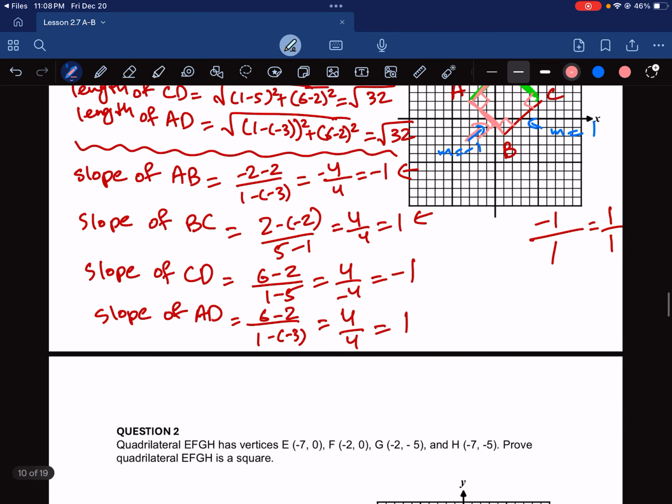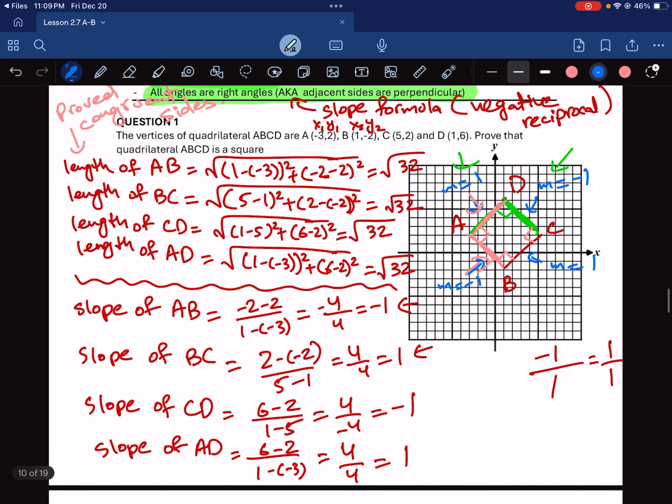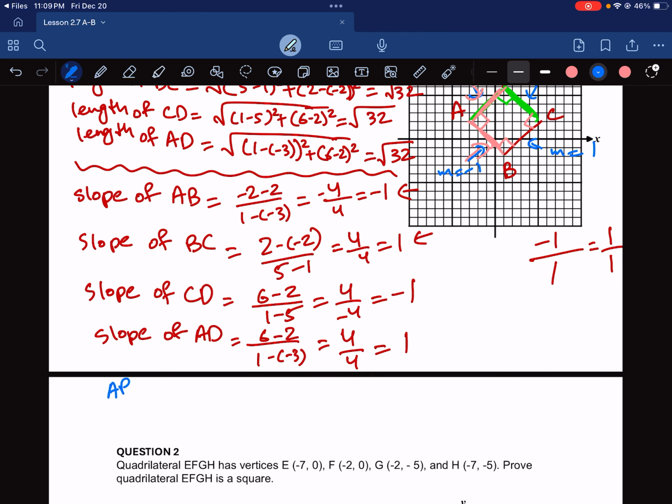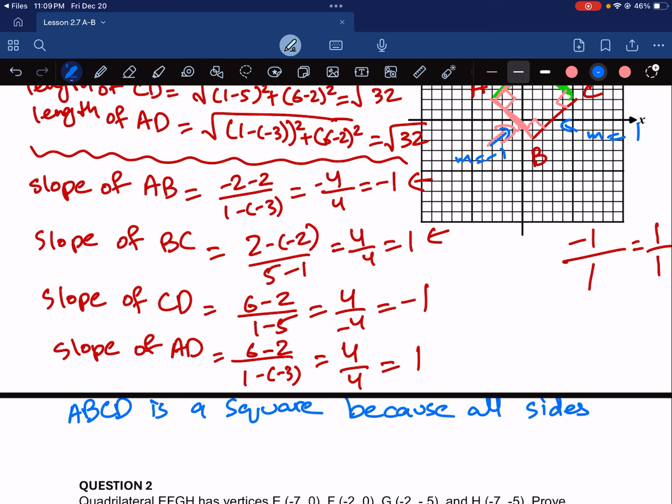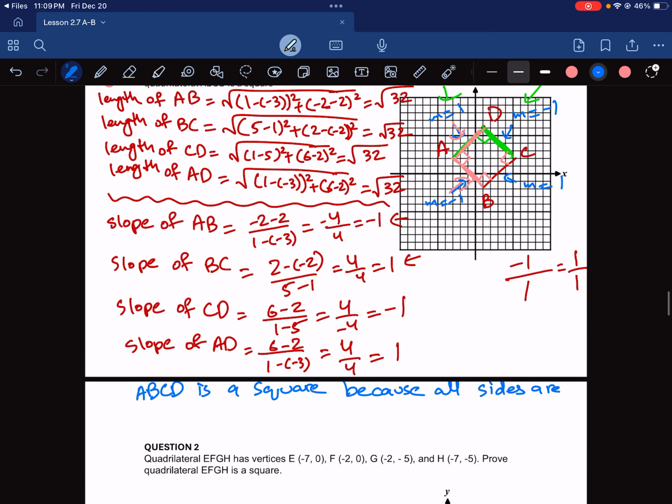So let's just write down our sentence. ABCD is a square because all sides are congruent, or have the same length, and all angles are right angles, since the lines have negative reciprocal slopes.